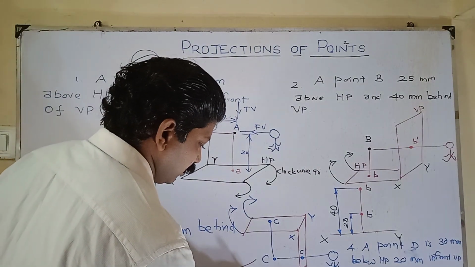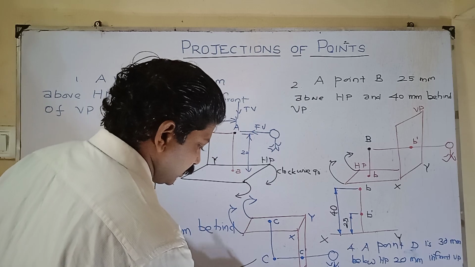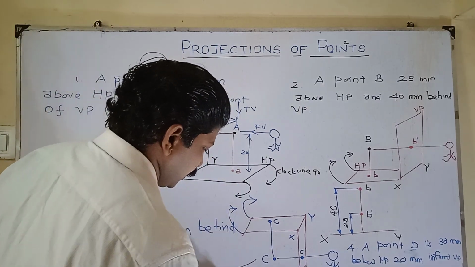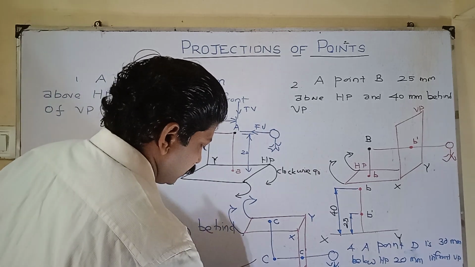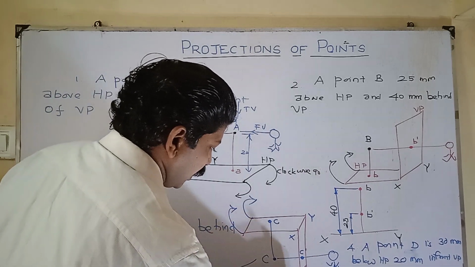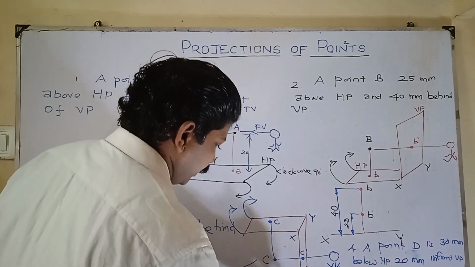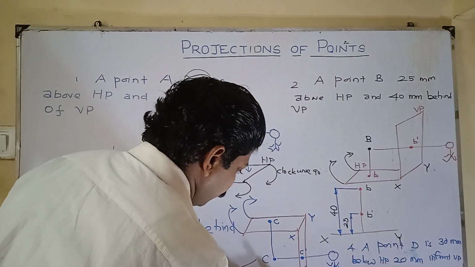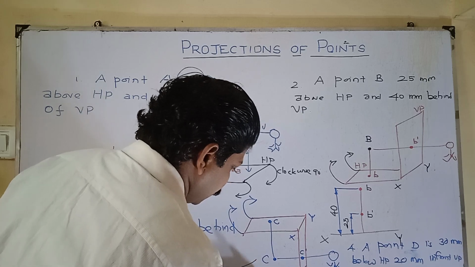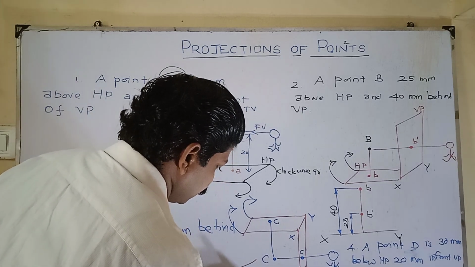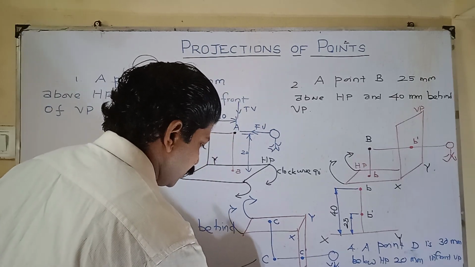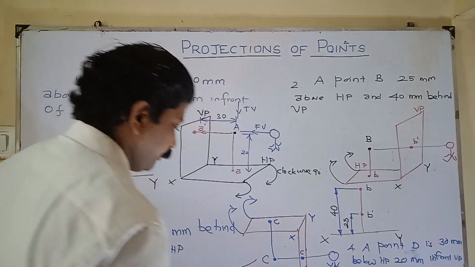Imagine the object, the horizontal plane, vertical plane, and XY axis line. After the projection, rotate the horizontal plane clockwise 90 degrees. The observer is always on the right side of the object. The front view on object D is small d dash, and the top view on the horizontal plane is d.